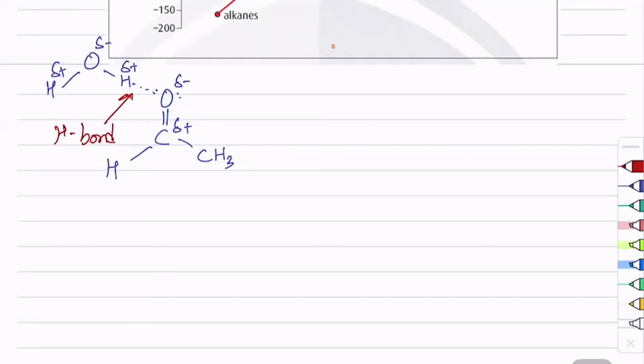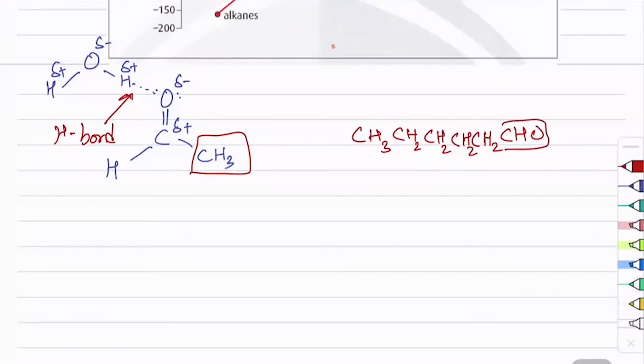But that again depends on how long the chain is. If it becomes too long, then this CHO part becomes a very small part of the molecule. So for example, if I have 5 or 6 carbons, then this is a very small portion of the whole tail, right? Which is why the hydrogen bond won't be that strong. The hydrogen bond will break down, it can't be strong because the chain is very long.